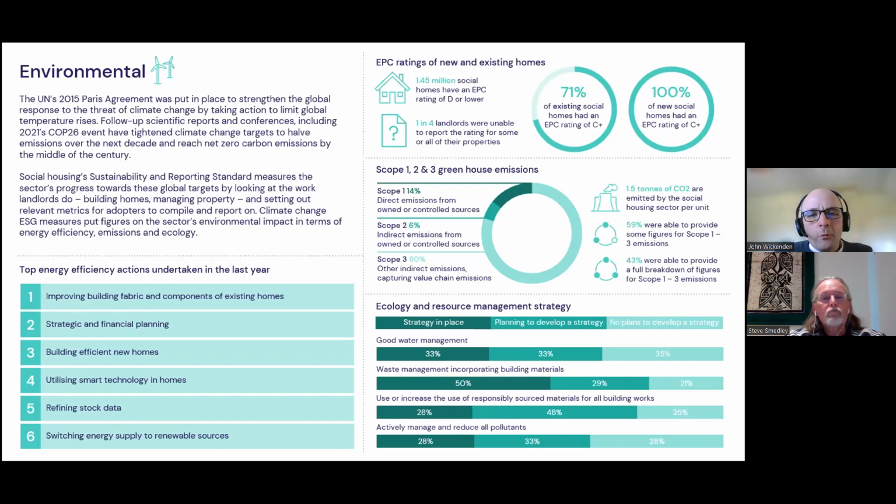And what we found is that 1 in 4 landlords were unable to report the rating for some or all of their properties. So that's 25% of landlords who simply could not say what EPC bandings they were, or didn't feel confident enough to make it publicly available. This is where the gaps were just as noteworthy as the actual information itself.